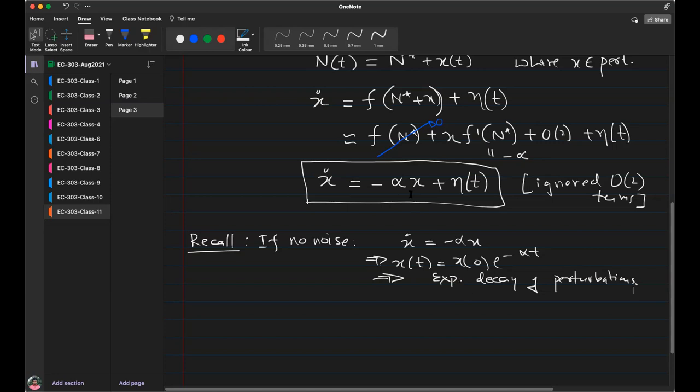So this term is pulling the system back to 0, meaning x is always trying to go to 0 because of this term, right? Okay, what is this other term doing? This term is just adding a kick. And that kick could be in either the positive or the negative direction, because the mean is 0. That's what the second term is doing.